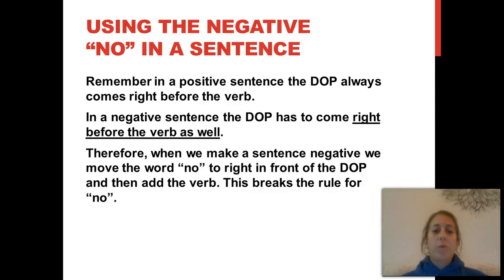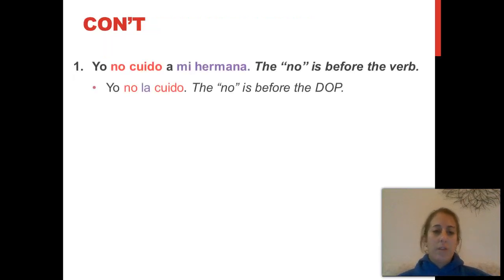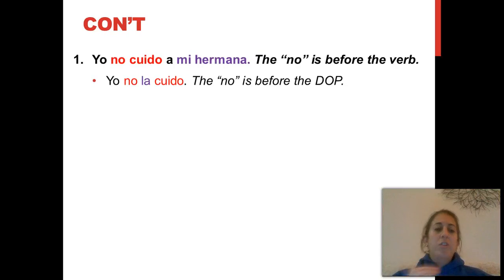Direct object pronouns always come right before the verb, okay? So if we take that no, then we're going to have to move that no a little bit. So let's look at the sentence. Yo no cuido a mi hermana. I don't take care of my sister. So if I want to say I don't take care of her, yo no la cuido. Notice the no comes before our DOP.